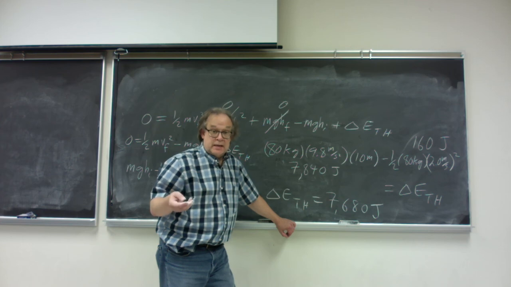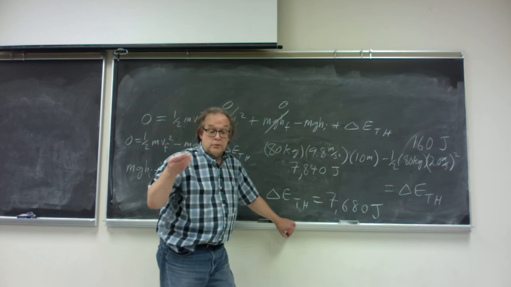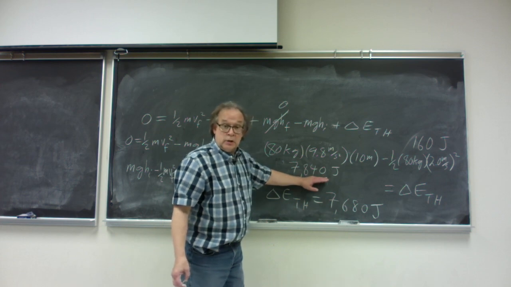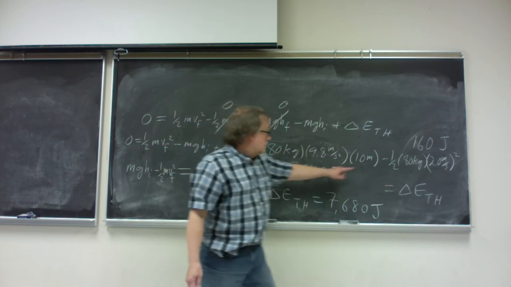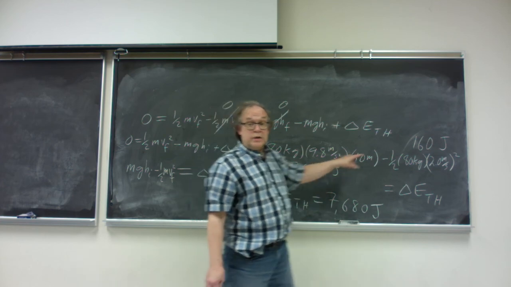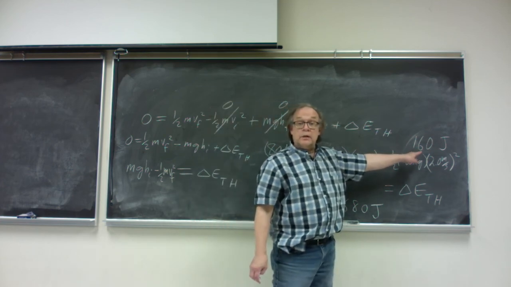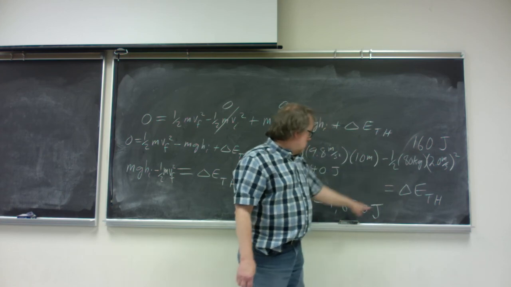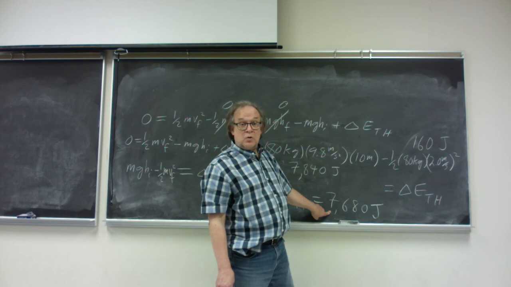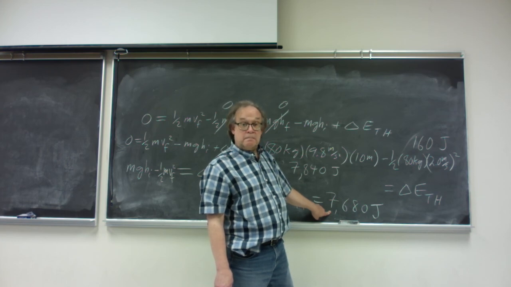In the initial state, before the firefighter started sliding down, there was this much gravitational potential energy. Only this much of that initial potential energy went into kinetic energy in the final state, and almost all of it, way over 90%, went into thermal energy.